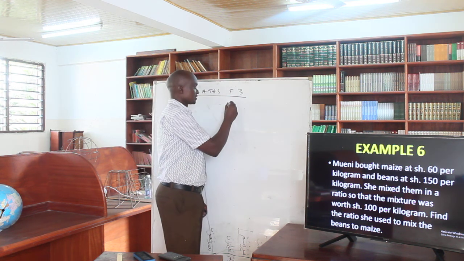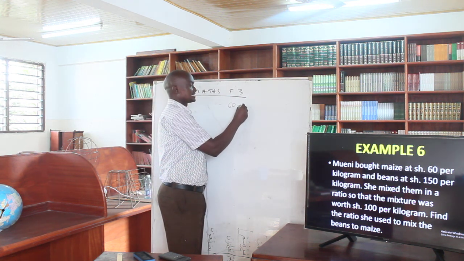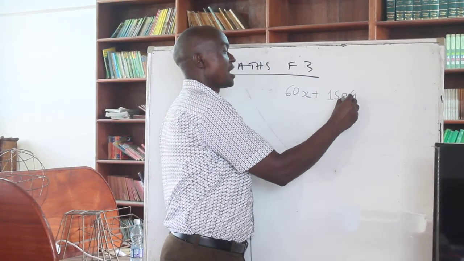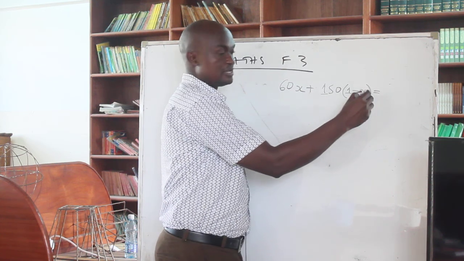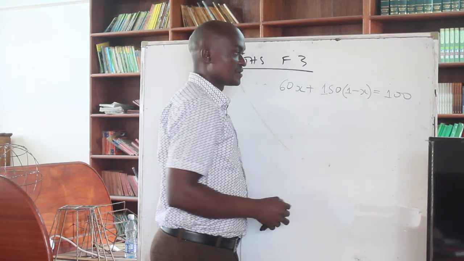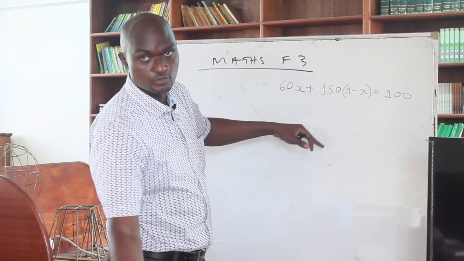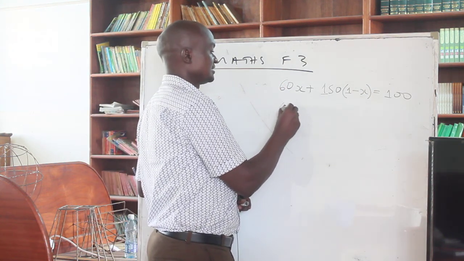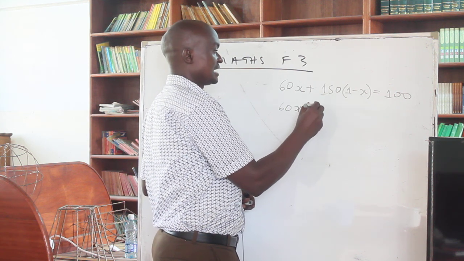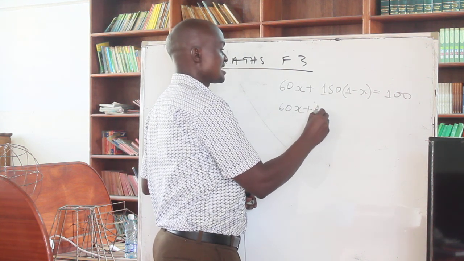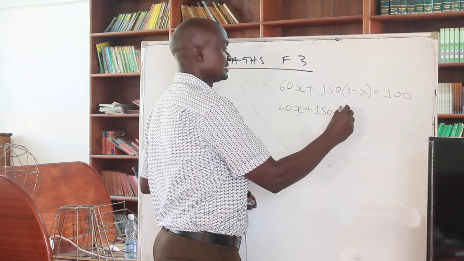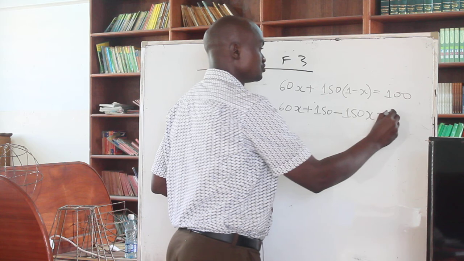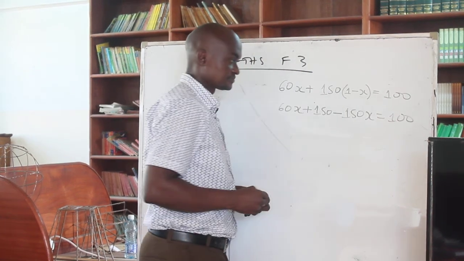So Mweni 60 multiplied by x plus 150 multiplied by 1 minus x should be equal to 100. All of this is over 1 because the total is 1, so no need to write that 1. 60x plus 150 minus 150x equals to 100.